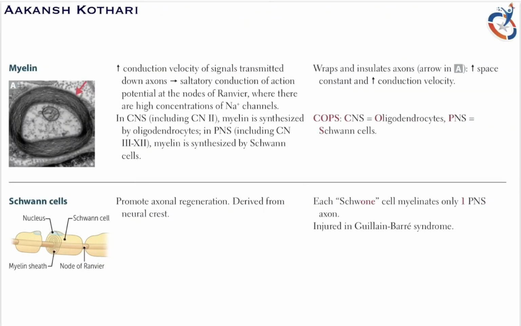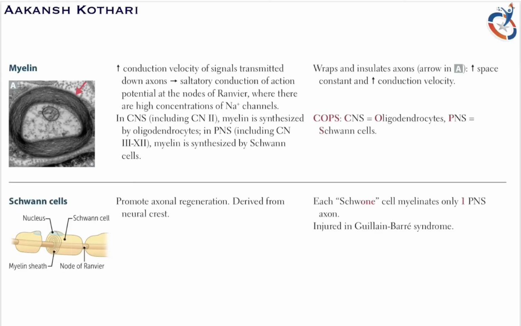Now, talking about the myelin sheath, okay, the myelin sheath is this structure. Now, the myelin sheath increases the conduction velocity of the neuron down the axons. Now, how does it increase the conduction velocity?